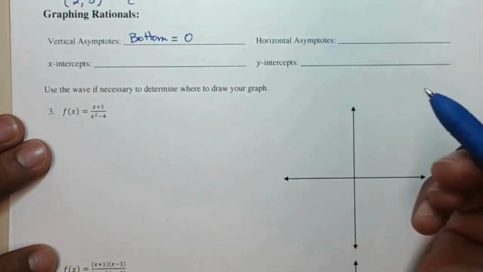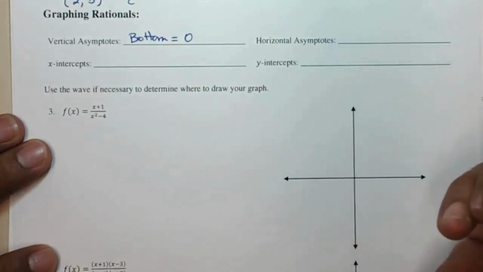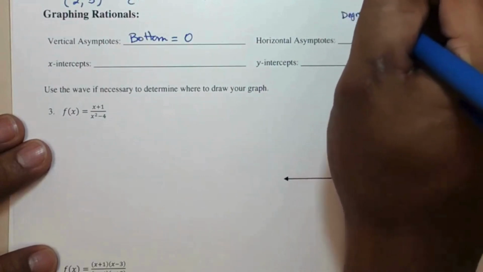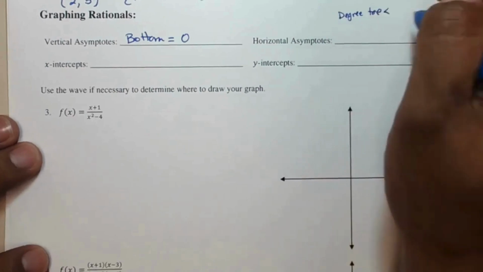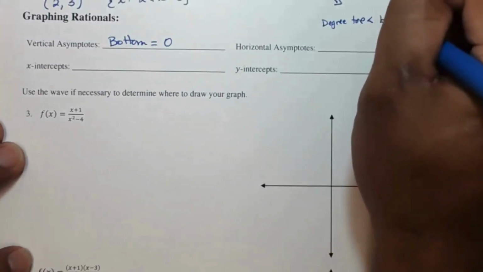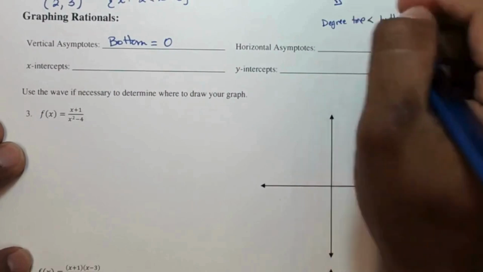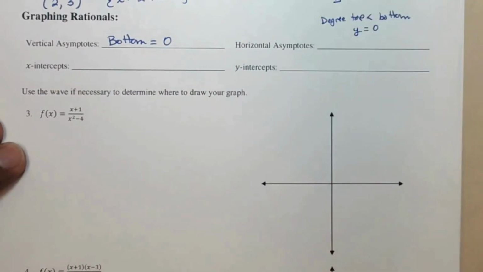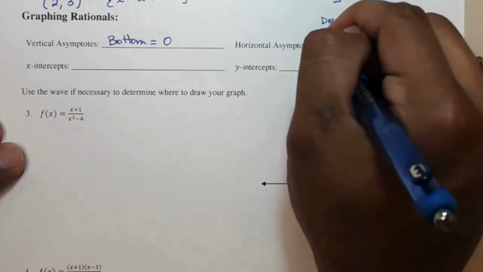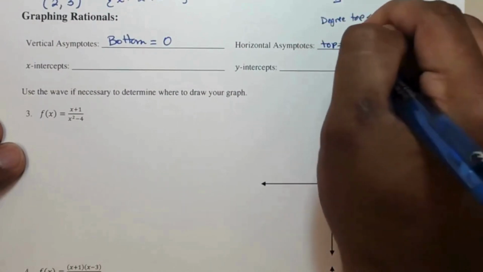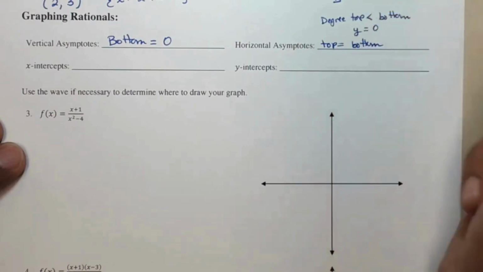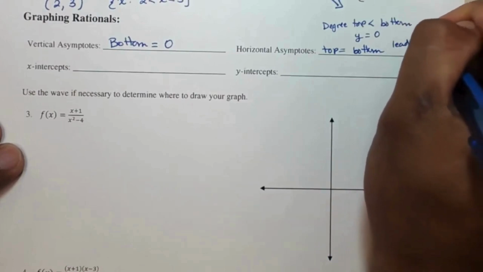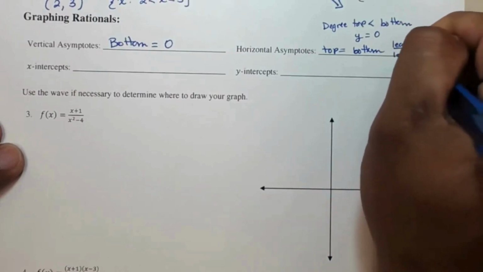Our horizontal asymptotes have rules. So if the degree on the top is smaller than the degree of the bottom, then our horizontal asymptote is at 0. If the degree of the top equals the degree of the bottom, then what we do is we take the leading coefficient of the top and divide it by the leading coefficient of the bottom.